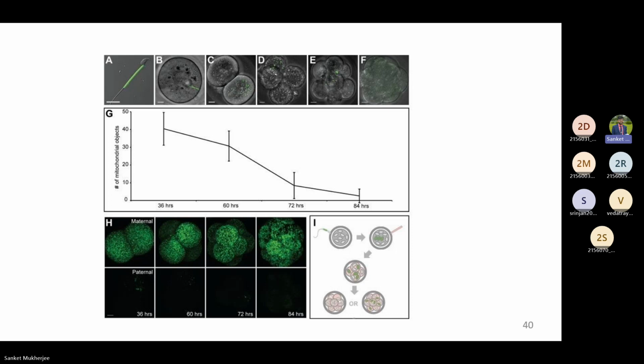So there's no green fluorescence in the right hand panels. At 36 hours, you see some green dots, but later you don't see anything. So this tells us how tightly regulated this process is, how important this process is for maintenance of mitochondria and the entire dynamics and everything.